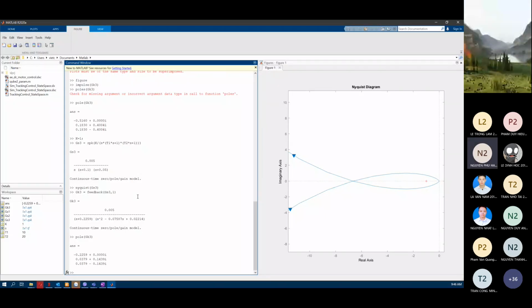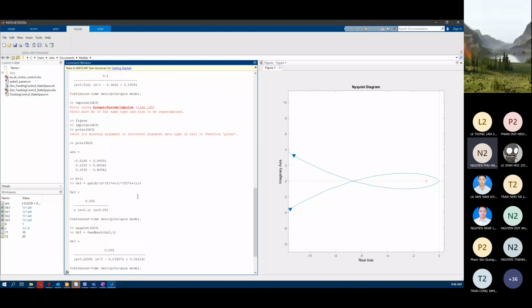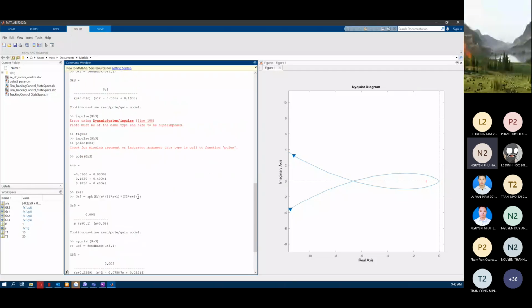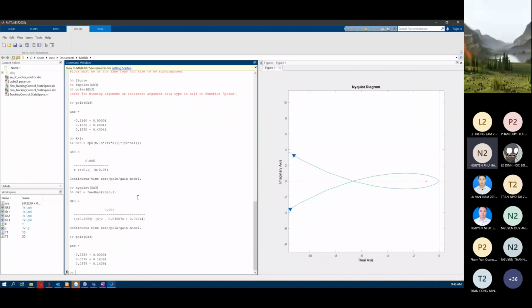Em chưa dạy. Em tưởng close transfer function nó khác chứ ạ, chứ không phải là k trên T1 nhân S cộng 1 nhân với T2S cộng 1, bởi vì em tưởng đây nó có feedback ạ. Thì đây mình đang tìm closed loop function đây còn gì nữa.